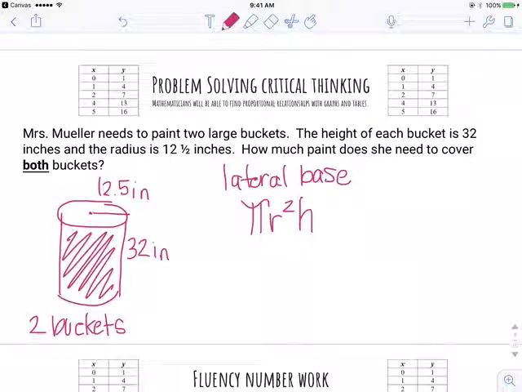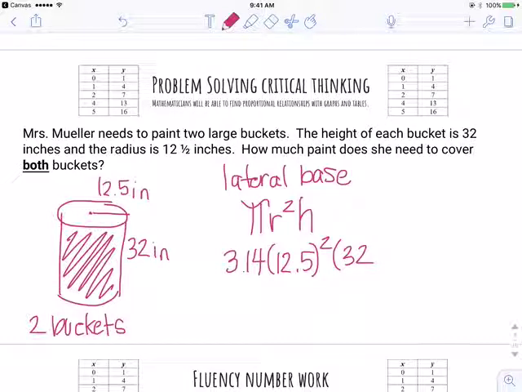We're not actually talking about the area of the top or the bottom of the buckets. So when I do that, I have 3.14. The radius is 12.5. And I'm going to square that radius. So that means I'm going to multiply 12.5 times 12.5. And then the height is 32 inches.